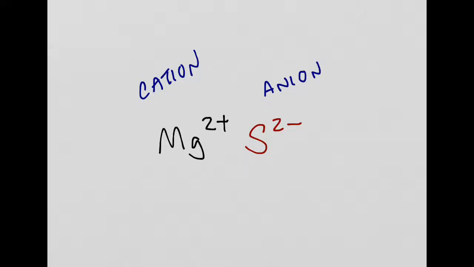Okay? Now here's something else to consider. Don't forget that when we're talking about an s orbital, we can fit as many as 2 electrons into an s orbital. So let's say this is the 2s orbital. And we also know that the p orbital can hold as many as 6. We'll call this the 2p. Now let's imagine we have an atom that has a filled 2s and 2p set of orbitals.